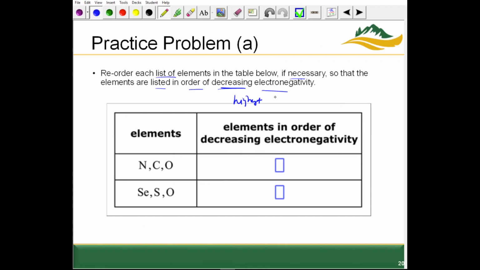So the highest electronegativity, denoted as EN, then going to the lower electronegativities. And again, electronegativities are relative to one another. They are not measurable absolute values. So let's look at the relative difference in electronegativities between these three and these three, given the trends we know about on the periodic table.